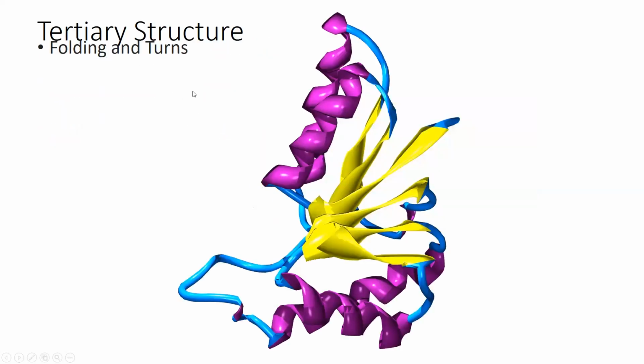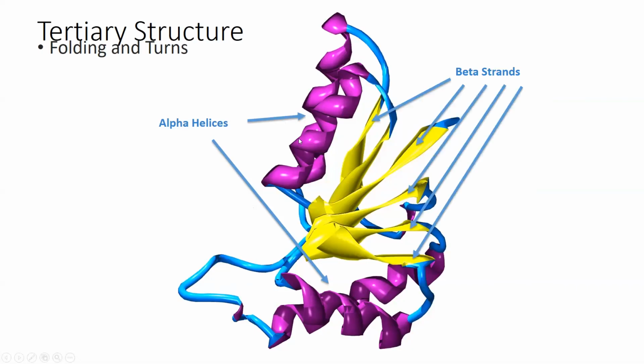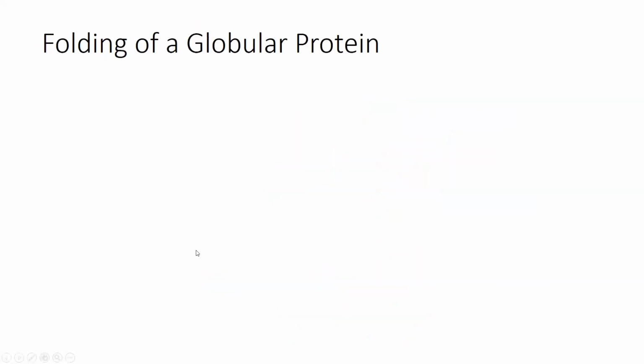Then the tertiary structure is when you have even more extensive hydrogen bonding, disulfide bridges, salt bridges, and hydrophobic effects. The tertiary structure is made up of alpha helices and beta sheets joined together by these hydrogen bonds, salt bridges, and disulfide bridges.